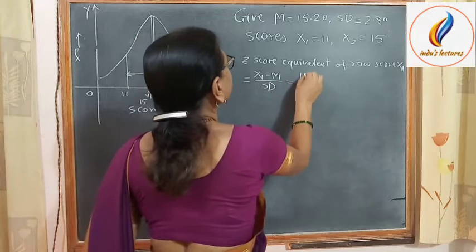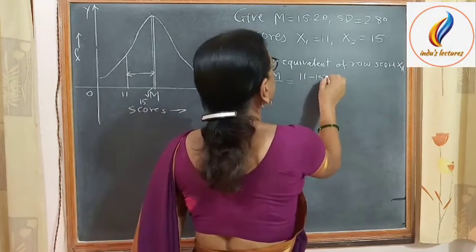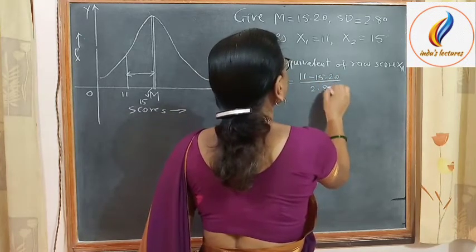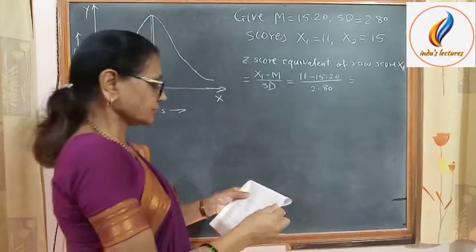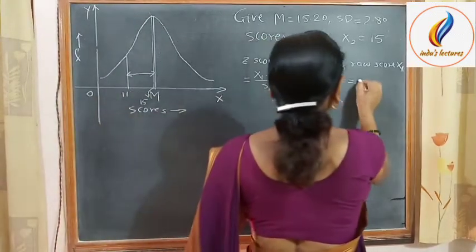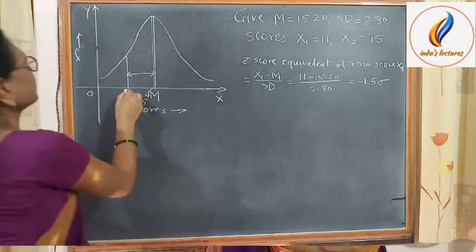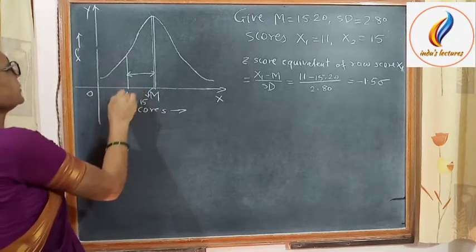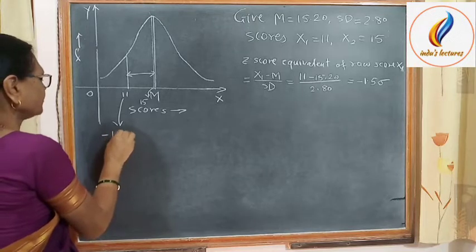Now x1 is 11 and mean is 15.20, divided by 2.80, which is equal to minus 1.5 sigma. That means at this point the unit in sigma is minus 1.5 sigma.